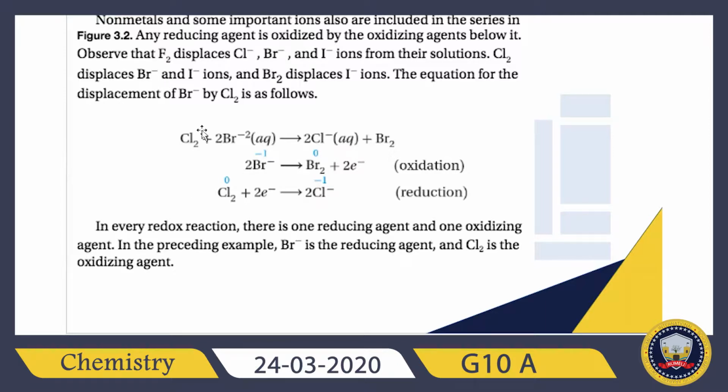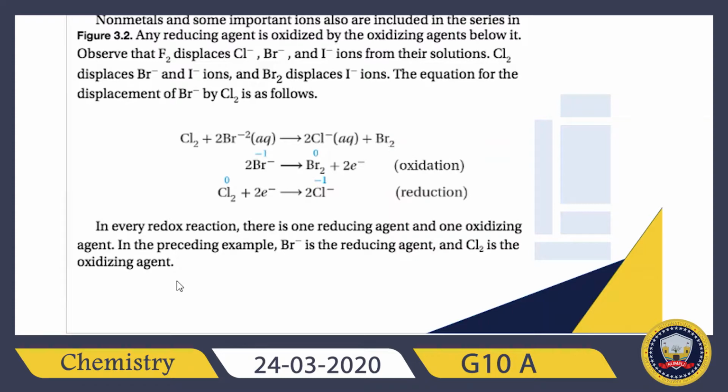Cl2 displaced the bromide ions. The chlorine gained electrons from the bromide. So the chlorine gained electrons and became chloride, and bromide became bromine.